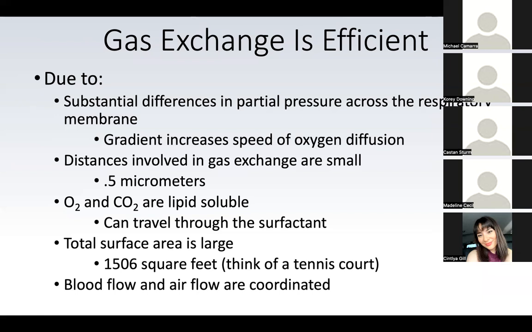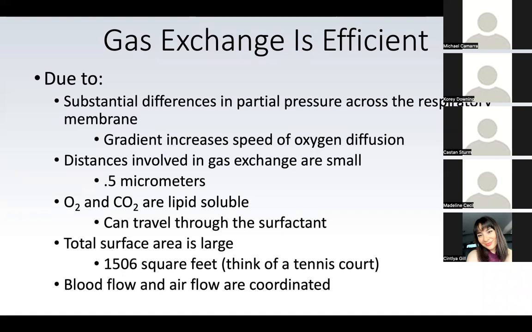Now, because the alveoli sacs are folded in multiple ways, there's going to be overall a total surface area that we would consider large, essentially 1,506 square feet, which is about the size of a tennis court. You don't have to memorize that number. We have that fact in there so you can appreciate how much surface area there is around the alveoli sacs packed into the two lungs we have.